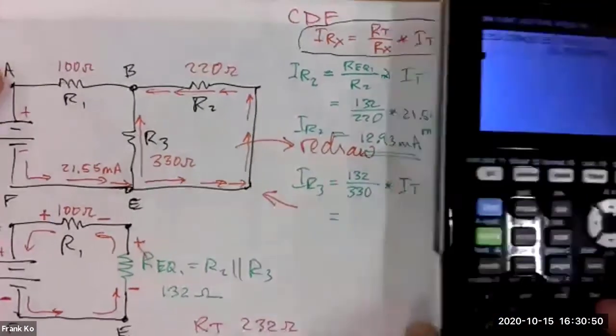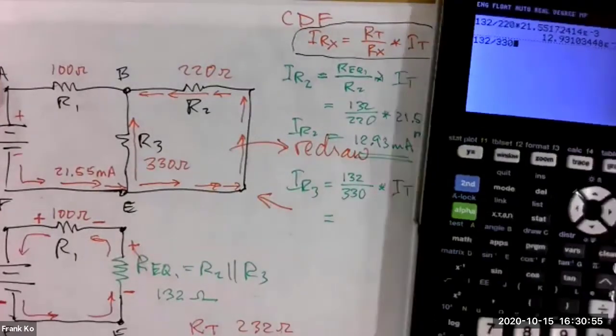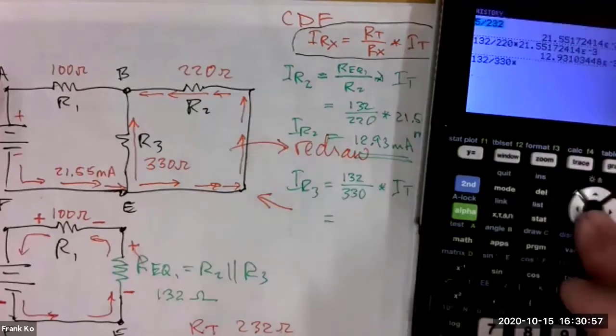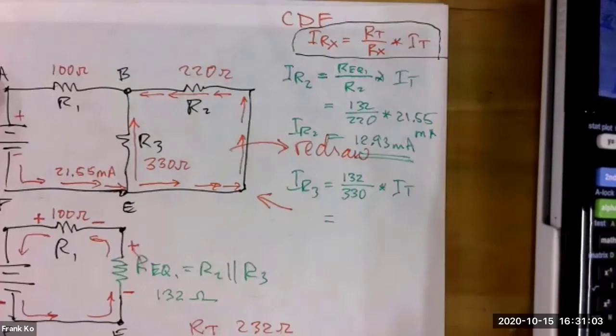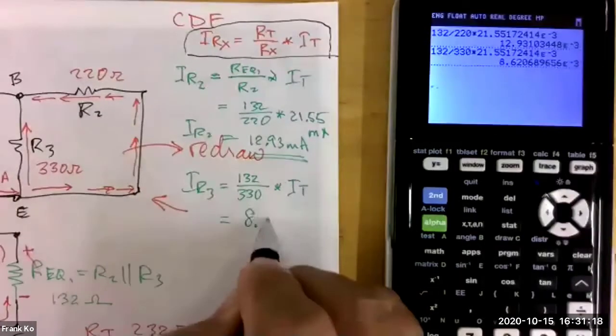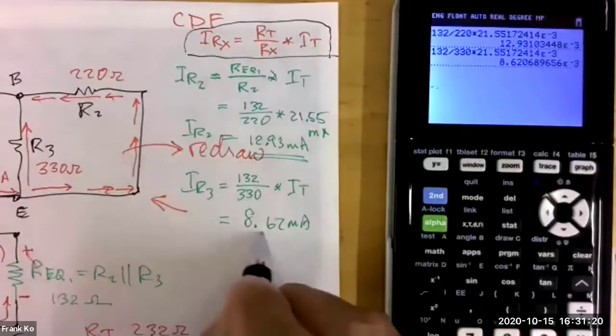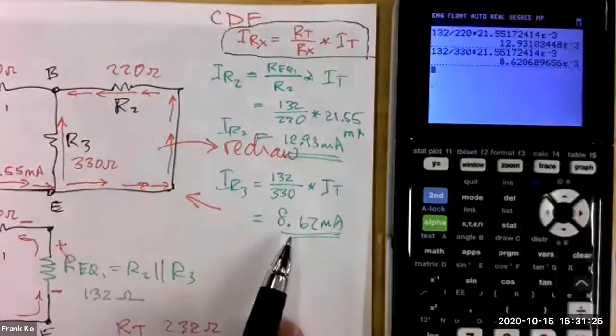And so what is it that you end up calculating here? 132 divided by 330 and times, grab that current, and you calculate what value? I calculate 8.62 milliamps. And everybody, can you see my calculator confirms hers at 8.62 milliamps? Yes? So 8.62 milliamps right there.